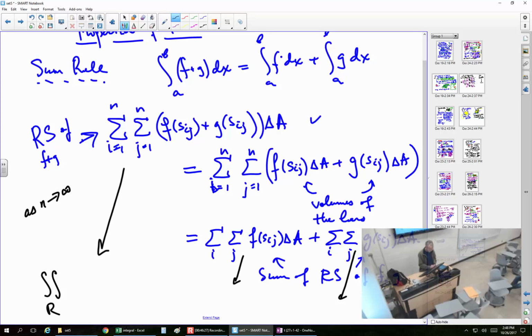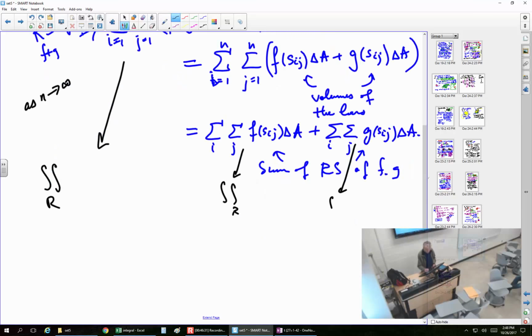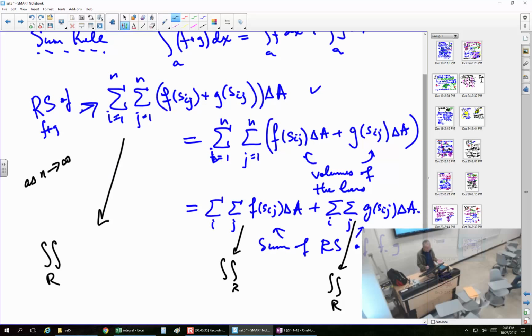In all three cases, all three integrals will be over R, except the Riemann sum of the sum gives you the Riemann integral of the sum, f plus g dA. And then each of these terms gives you the Riemann integral of the first one and the Riemann integral of the second one, of g.